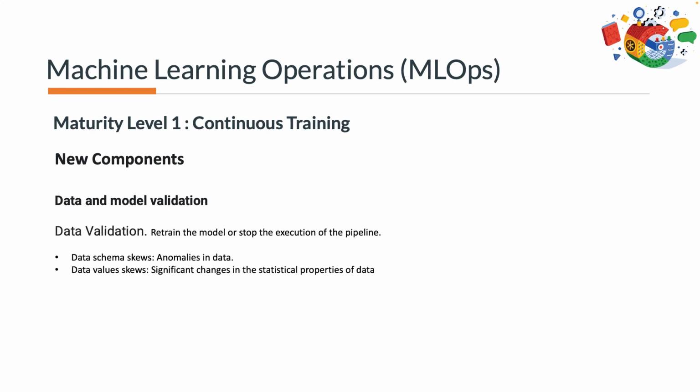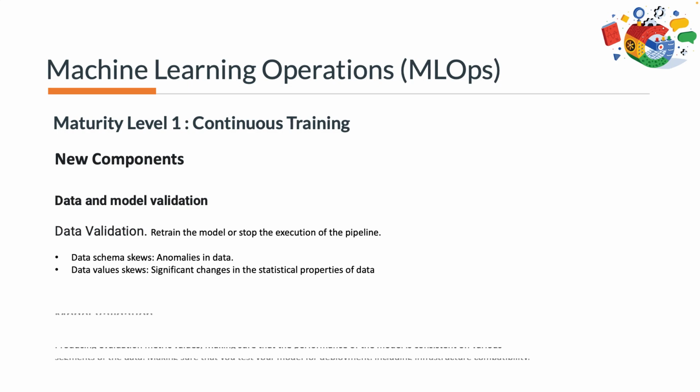Data validation decides whether to retrain the model or stop the execution of the pipeline. Data validation checks to make sure there are no data schema skews and no data value skews. In data schema skew, anomalies in data appear. In data value skews, significant changes in the statistical properties of data appear.